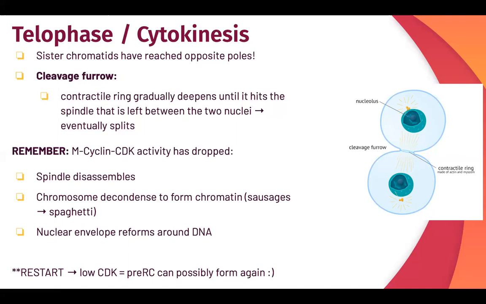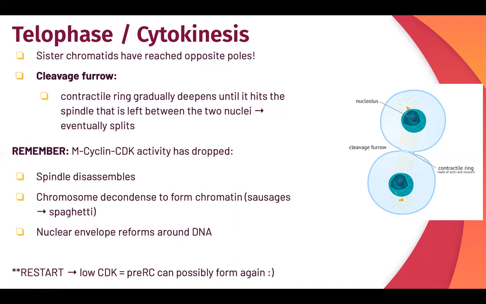And remember before, as I was saying, the APC levels were also causing CDK to drop. Originally, M cyclin CDK was causing your nuclear envelope to break away, causing your chromosomes to become more condensed and more solid.